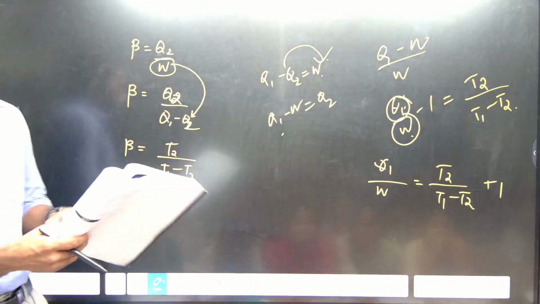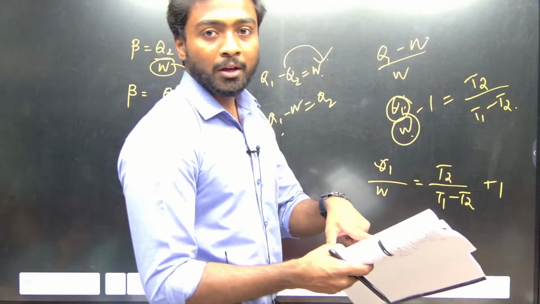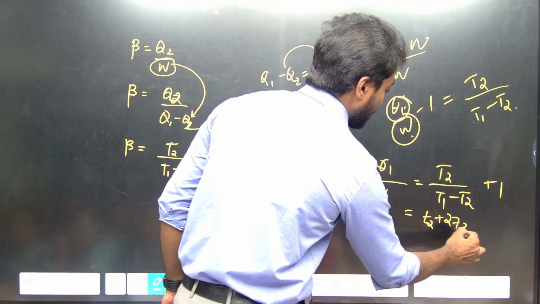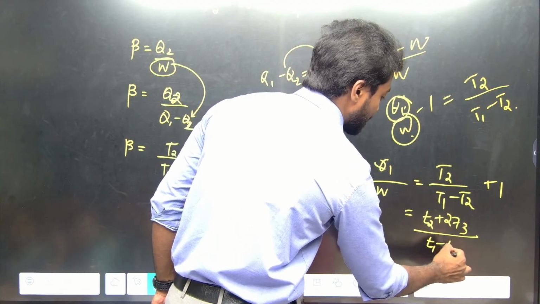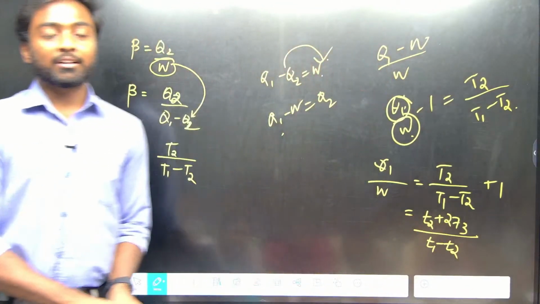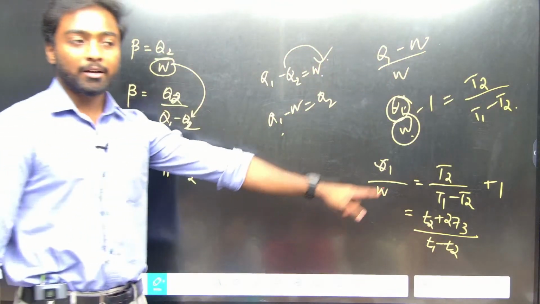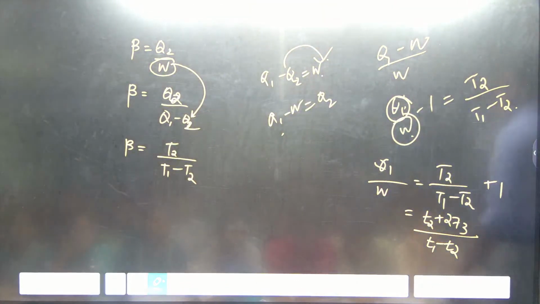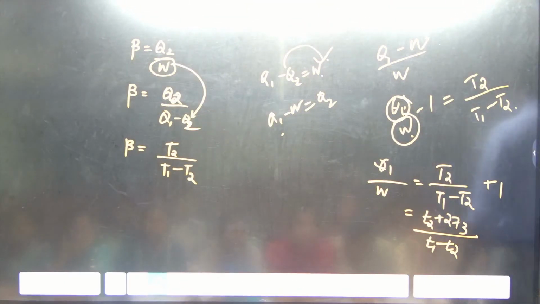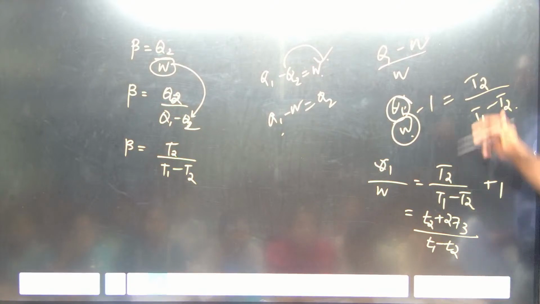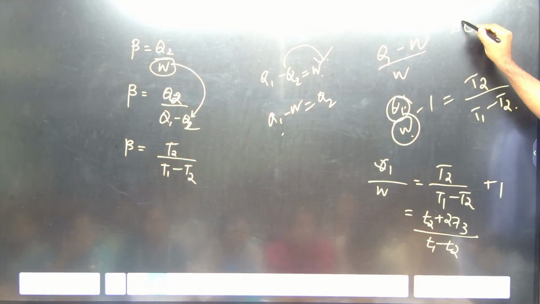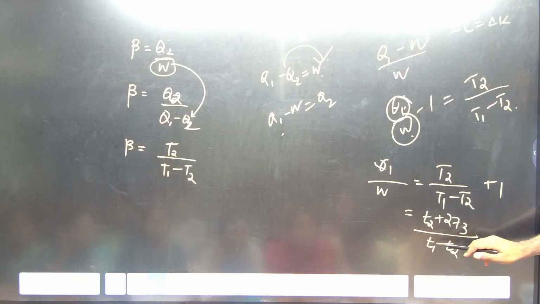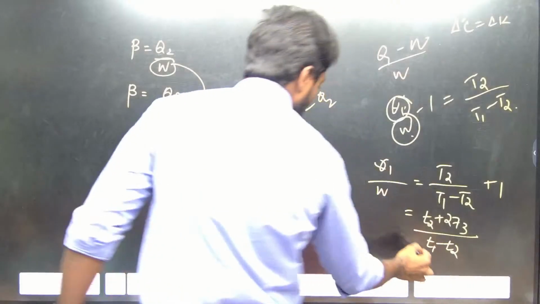So what is T2 they have given? T2 degree Celsius, which is nothing but T2 plus 273. Can I write this T1 - T2 itself? Because the change in temperature in Celsius is also equal to the change in temperature in Kelvin. I have given the points, no? If I write here, no need to get doubts.